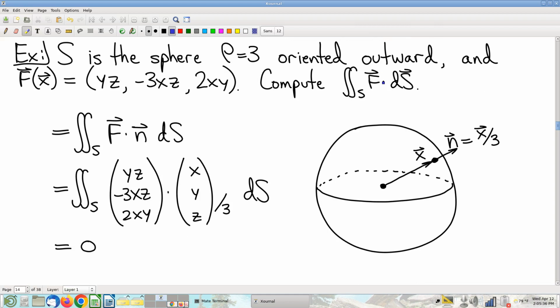So here we go. Let's look at this sphere described by rho equals 3. And let's see here. We want to compute the flux. And we've got a vector field given. Of course, the surface is given. So how do we compute this? Well, you could take this equation, think, hey, that's a spherical graph. Sweet.